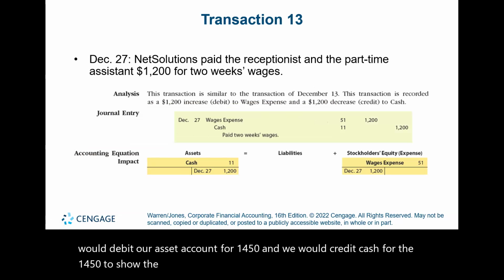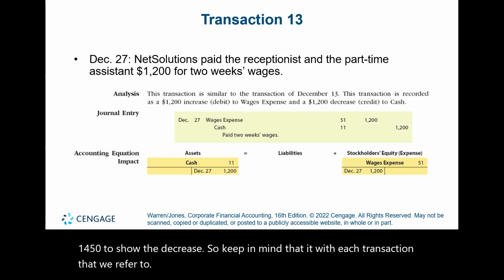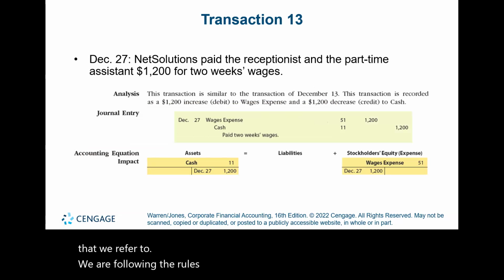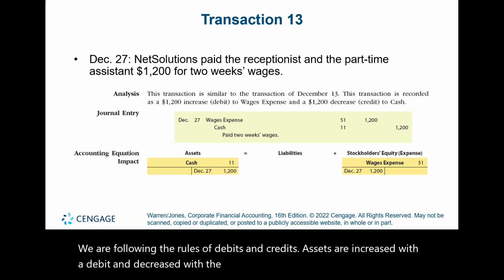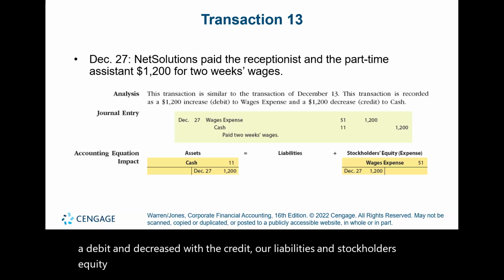So keep in mind that with each transaction that we refer to, we are following the rules of debits and credits. Assets are increased with a debit and decreased with a credit. Our liabilities and stockholders' equity accounts are increased with a credit and decreased with a debit.